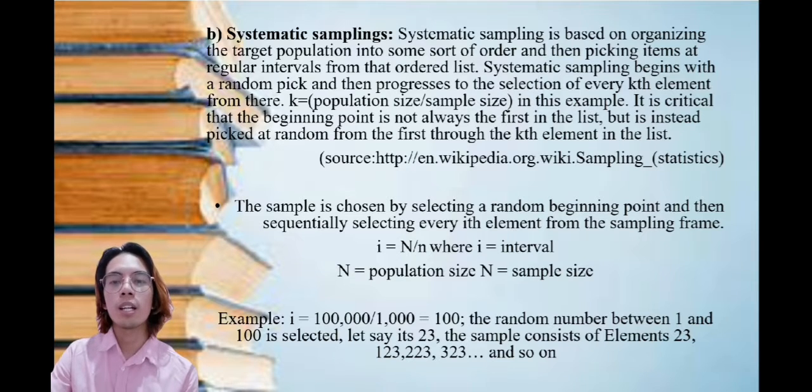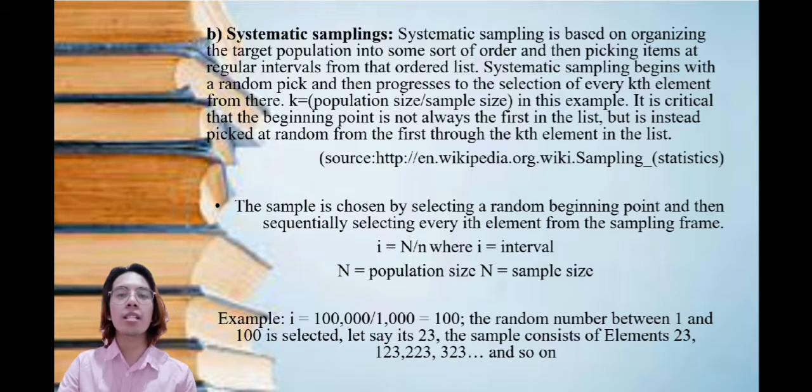Example: I equals 100,000 over 1,000, equals 100. For the sample, a random number between 1 and 100 is selected. Let's say it's 23. The sample consists of elements 23, 123, 223, 323 and so on.